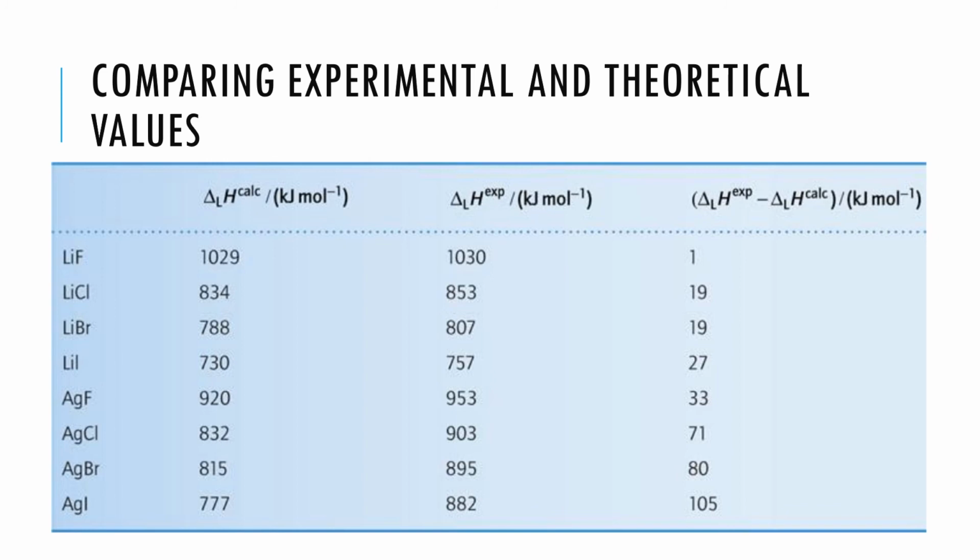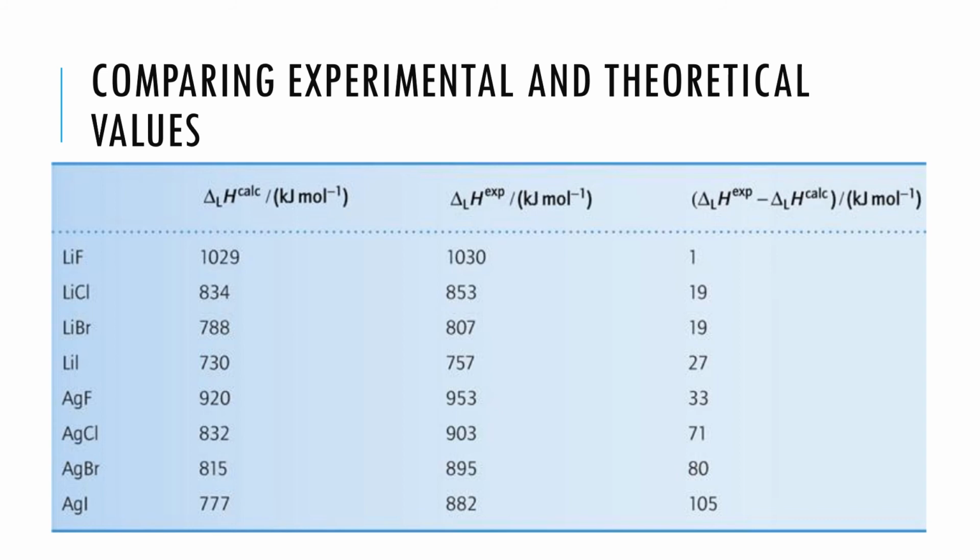You notice for lithium fluoride, the difference between the calculated and the experimentally derived lattice enthalpies is 1. Very, very low. We would therefore conclude from that the ionic model holds very well for a compound like lithium fluoride.